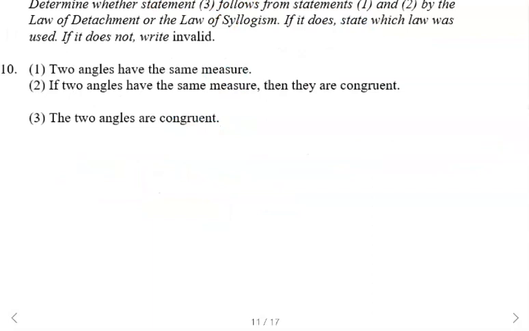Determine whether statement 3, so this last one, follows from statement 1 and 2. So 1 and 2, the order doesn't matter on that. It says two angles have the same measure. So we could say that P is true. And then we have if P, then Q. If two angles have the same measure, then they are congruent. So that's a true conditional. So we have a true conditional and the hypothesis is true. Using the law of detachment, we can say that the conclusion must be true.